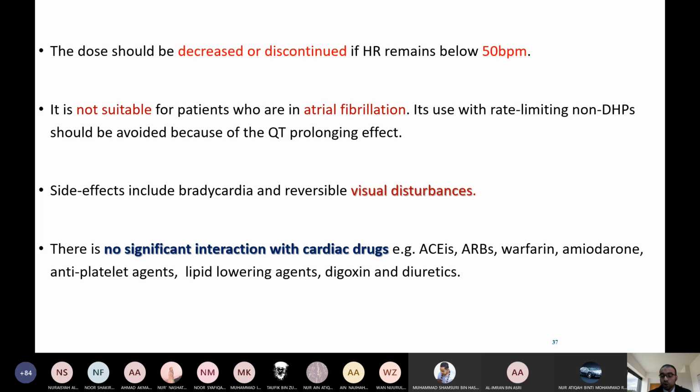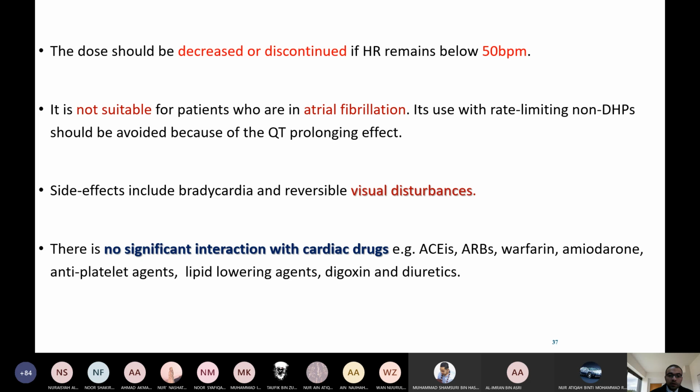It has also been shown that when used with non-dihydropyridine calcium channel blockers, it can have an extensive prolongation effect on the QT interval. One of the main and frequently reported side effects is some incidence of visual disturbances, which can sometimes be reversible, meaning once the treatment is discontinued, the visual disturbance will go.